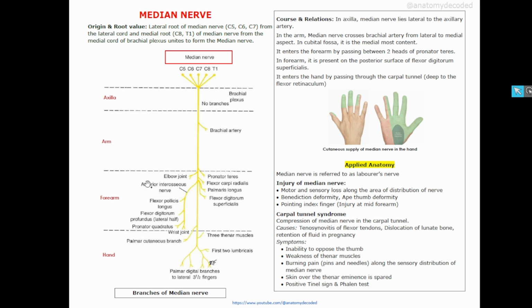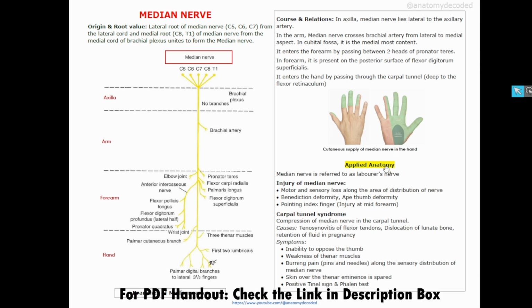Okay, the deep branch is referred to as anterior interosseous nerve. Then in applied anatomy, we saw how injury to the median nerve can produce motor and sensory loss. Okay, then carpal tunnel syndrome, a very important applied anatomy that is there in median nerve.